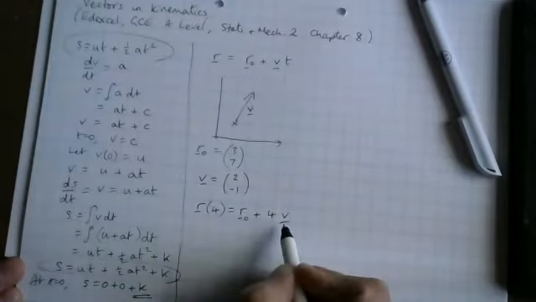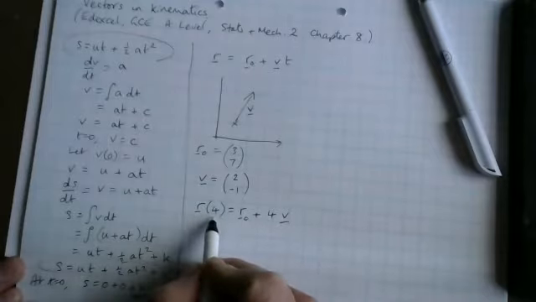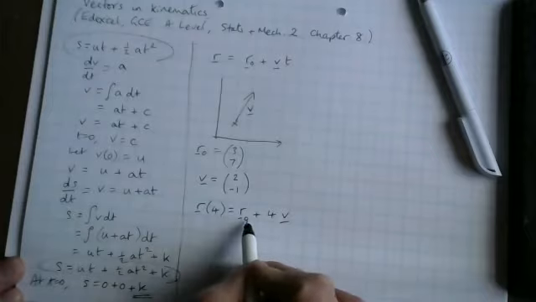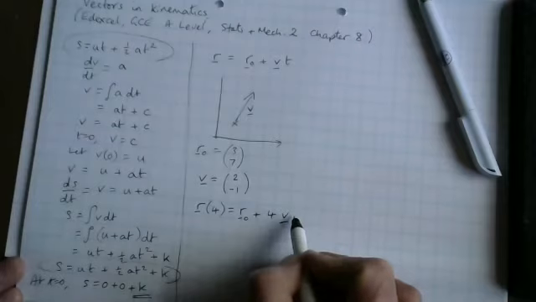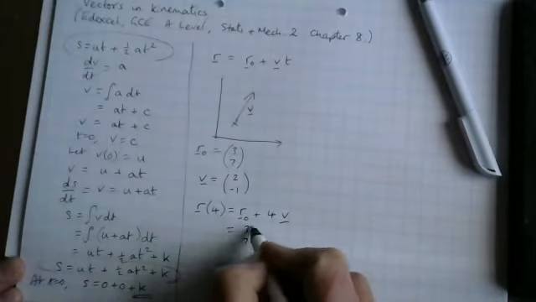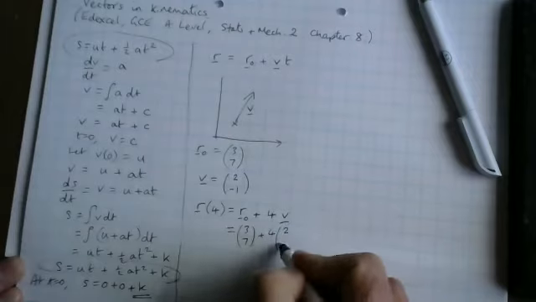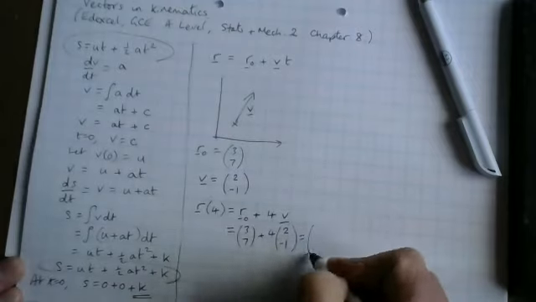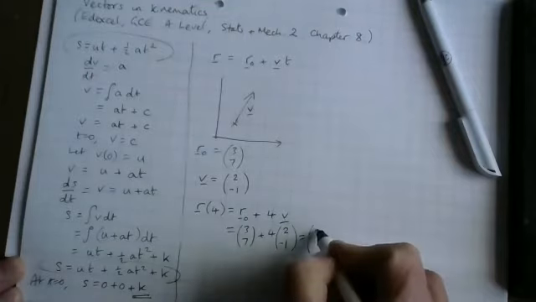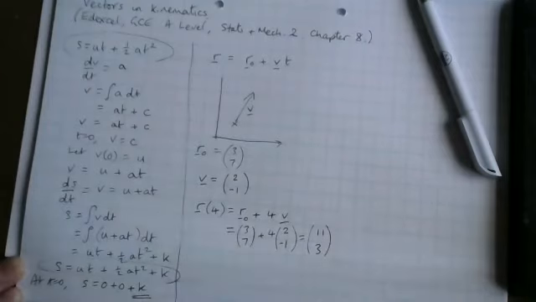The velocity is constant. If I know where I start from, and I travel for 4 seconds, then I move to the point r0, the place I started from, plus 4 times the velocity. So in this case, equals r0 given, (3, 7), plus 4 times v given, (2, -1), and just work out the answer. 3 plus 8. 7 minus 4. So I move from (3, 7) to (11, 3) in 4 seconds if the velocity is constant.